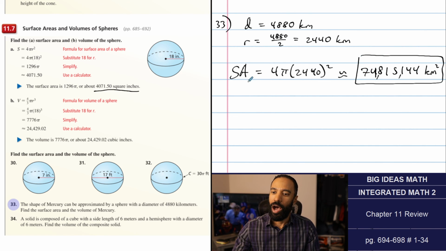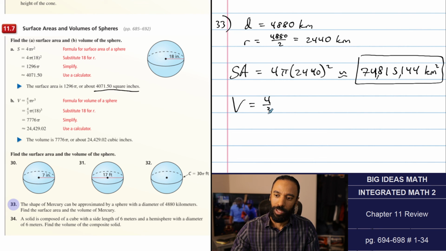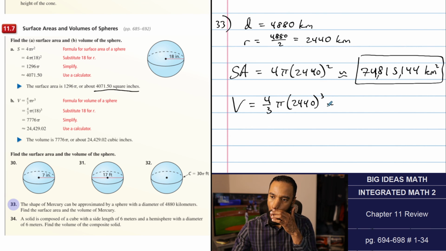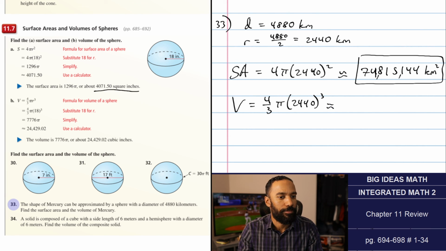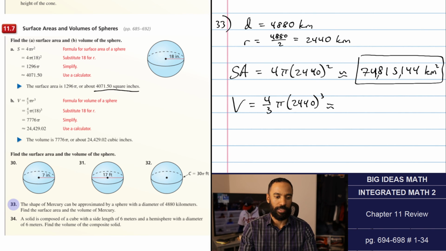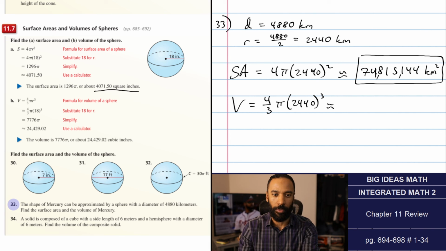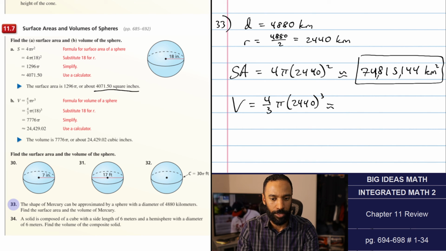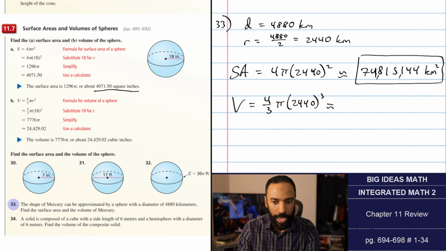No, they didn't. Volume. 4/3 pi times this cubed. Number's going to be even bigger. All right. 4/3 pi times 2440 cubed. My calculator does a scientific notation hassle, and I don't want to mess it up, so I'm going to do this again on this other calculator that'll give me a bigger number. Pi times 2440 raised to the third power.